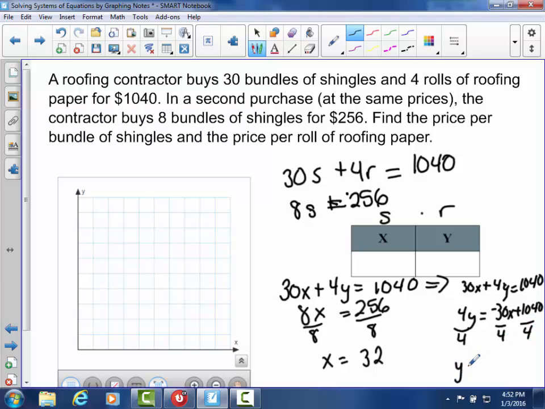And we know that y equals negative 4 goes into 30, 7.5 times. And then 4 goes into 1,040, 260 times. Okay, so if we're graphing, x equals 32, we just count over on the x-axis to 32.